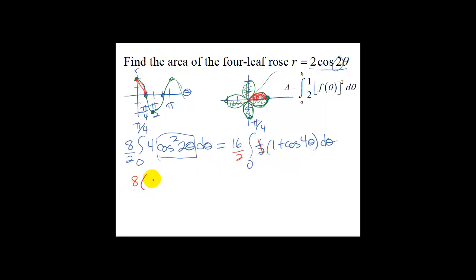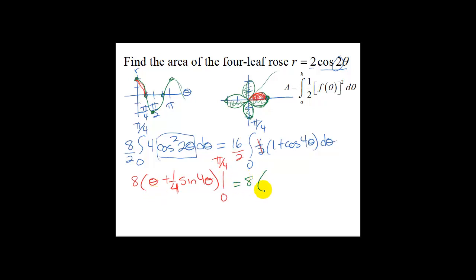And then the integral here is going to be theta. The integral here is going to be plus 1/4 sine 4 theta. We need that reciprocal because of the chain rule. And then we need to evaluate that from 0 to pi over 4. So let's see what we've got here.